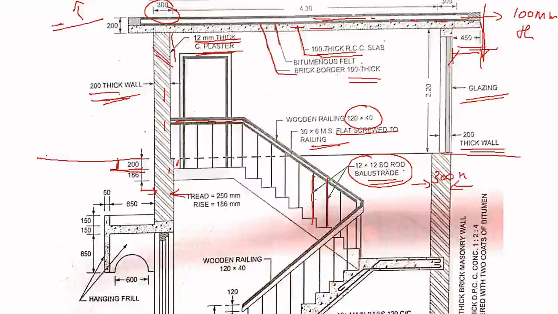In order to fix this wooden railing with the balusters, you have 30 cross 6 mild steel flats screwed to the railings. That is what you can see here in this white color.